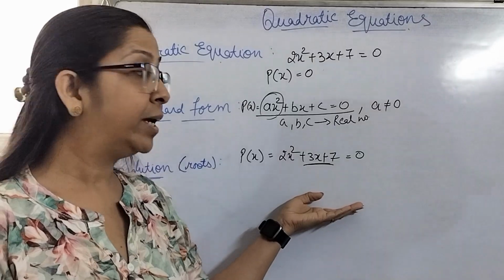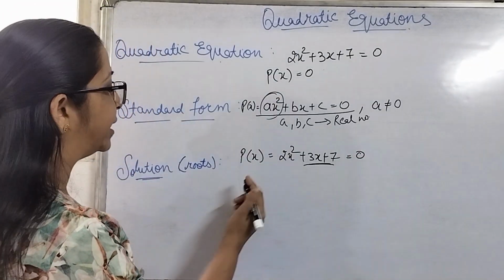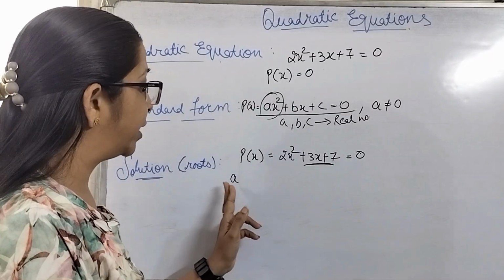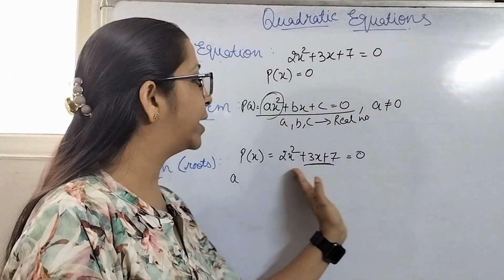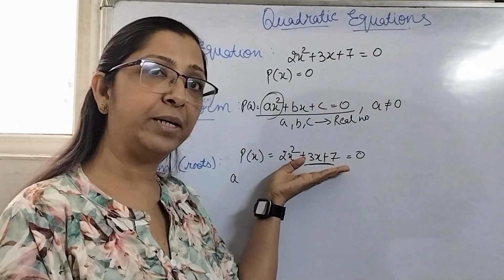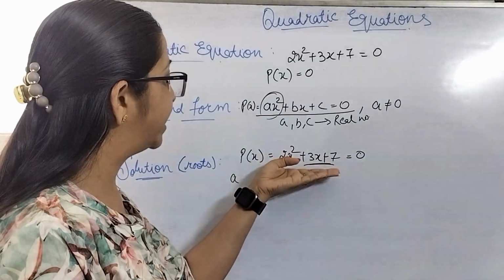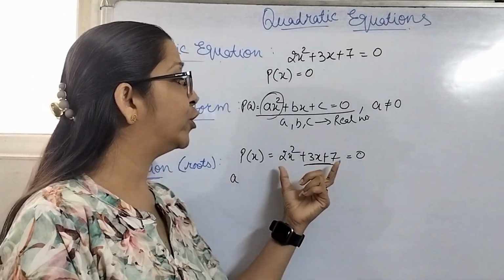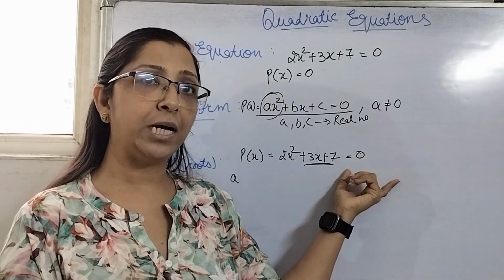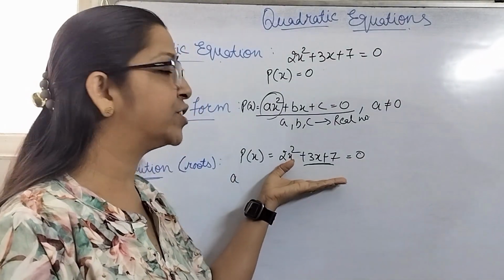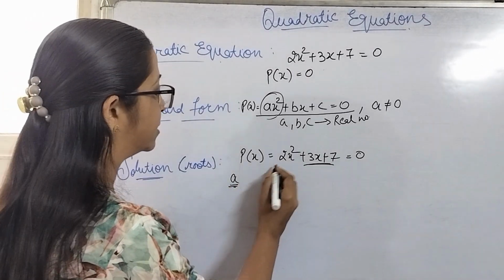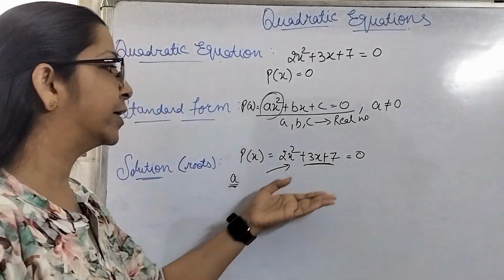That means if we take a real number, suppose a, and replace x by a wherever x appears in this equation, and by replacing it, if the LHS becomes equal to the RHS, or this equation becomes true, then we say that this real number a is the root of this equation.